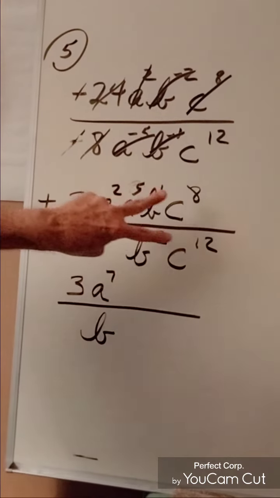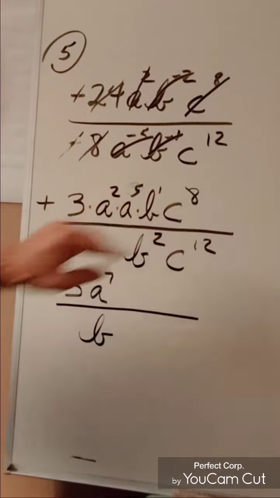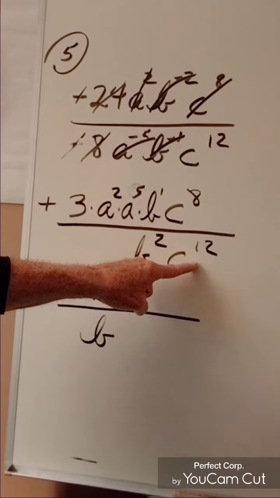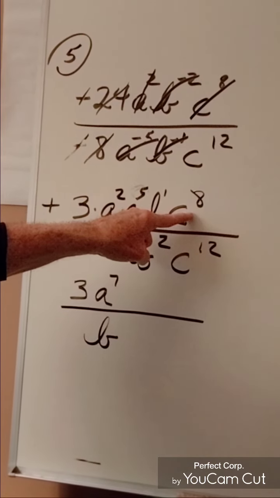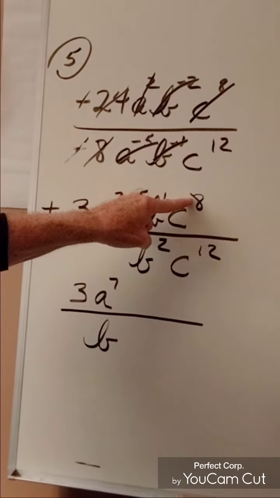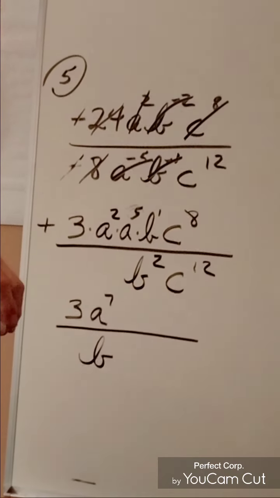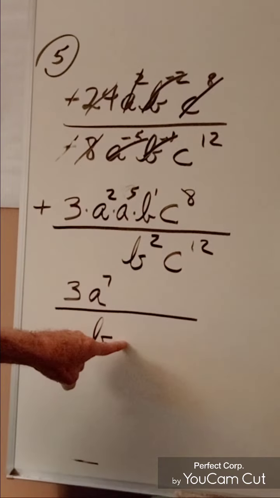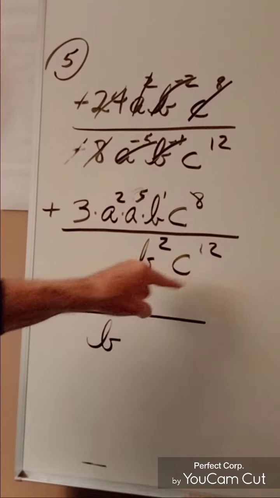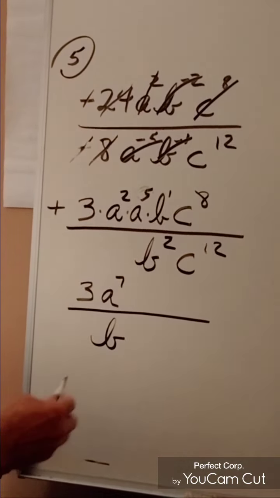And the same with the powers of C. We have 8 factors of C in the numerator and 12 factors of C in the denominator. There are more factors of C in the denominator than in the numerator. If you subtract 8 from 12, you'll get a C to the 4th. And that C to the 4th is going downstairs because there are more of them in the denominator than there are in the numerator.